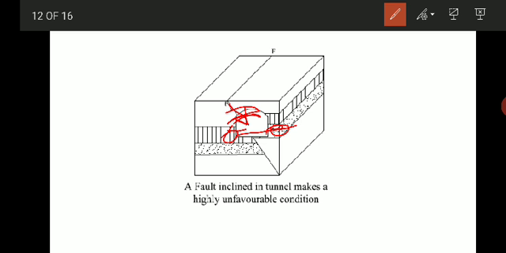If you encounter water bearing rock, because the rocks are jointed, water will percolate through these joints, and if you come across such rocks, groundwater seepage may occur into the tunnel, and the jointed rocks also can be dangerous.